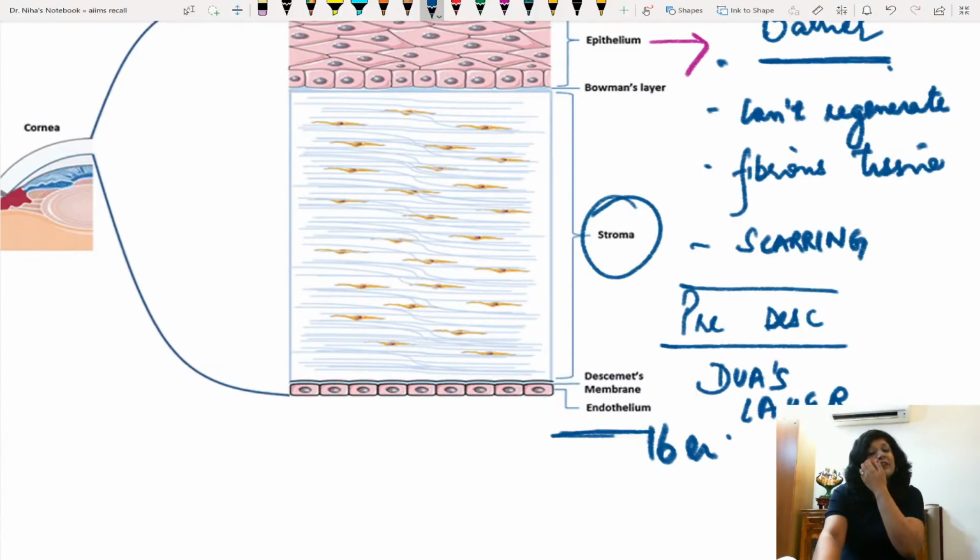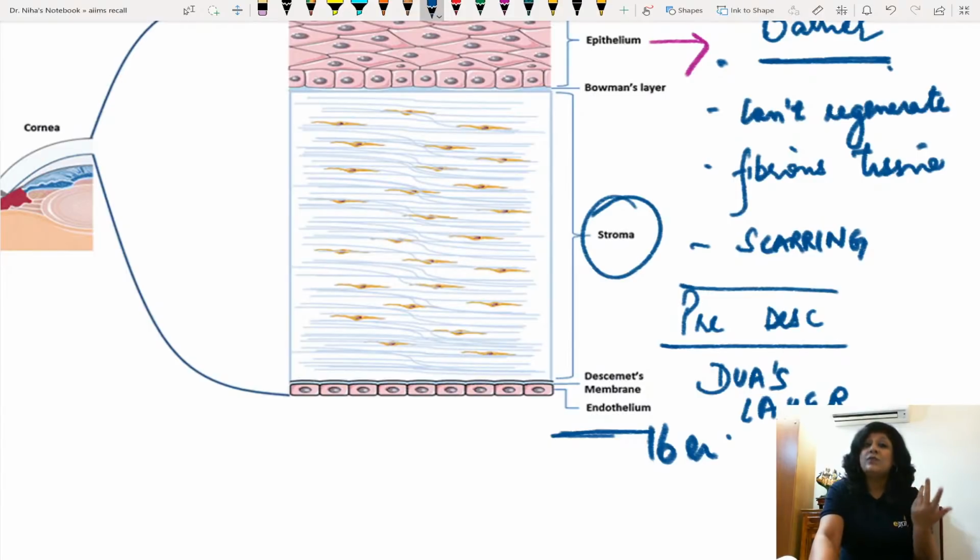Now what happens whenever we have glaucoma, we have raised intraocular pressure, these junctional complexes which are present in the epithelium and in the endothelium are not functioning, they become permeable, and that is why a lot of fluid gets accumulated within the stroma, and that is why we get the edema and haziness. So that is the reason actually.